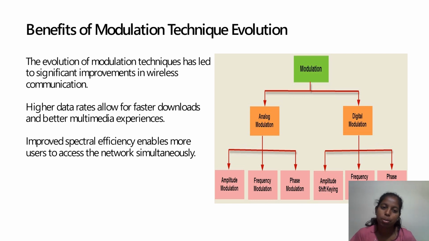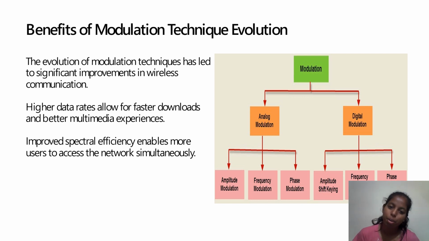As we saw in the earlier slides, from 1G to 5G, in 1G we were using FM, where only small amounts of data could be sent and noise was also added. Later, as wireless communication evolved and 5G came, noise cancellation is done and higher data rates allow faster downloads and better multimedia experiences.